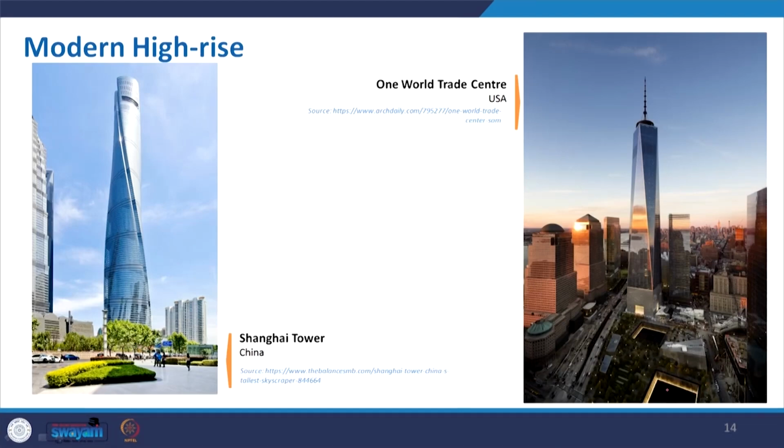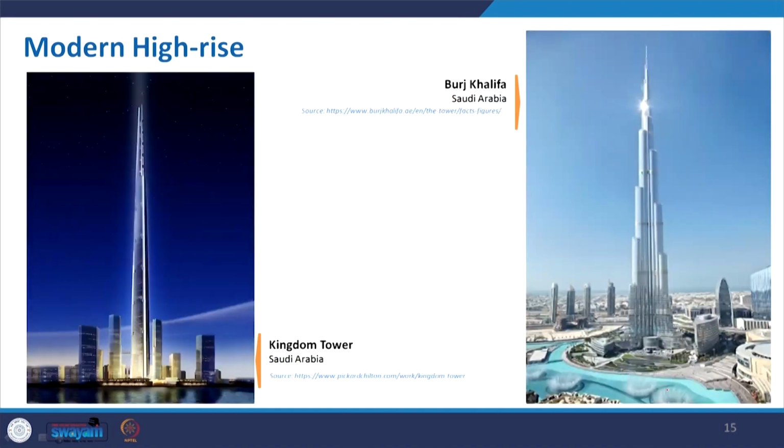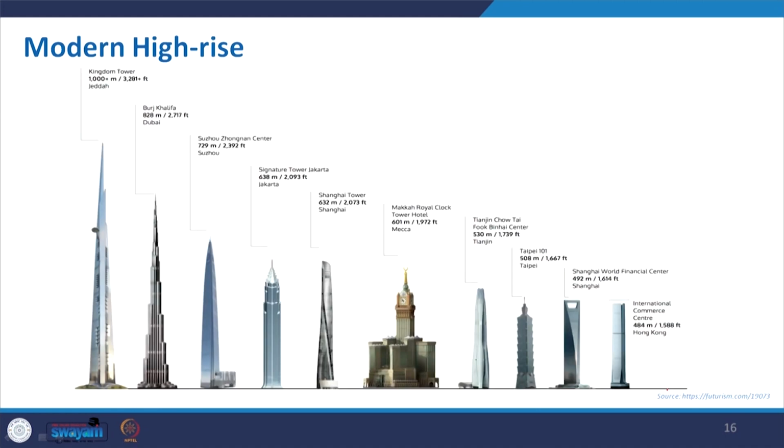Now, among the modern buildings, here you can see the Shanghai Tower in China, then One World Trade Center in the US, then the Burj Khalifa and also the Kingdom Tower. These are very recent developments of high rise structures, the skyscrapers in the picture.